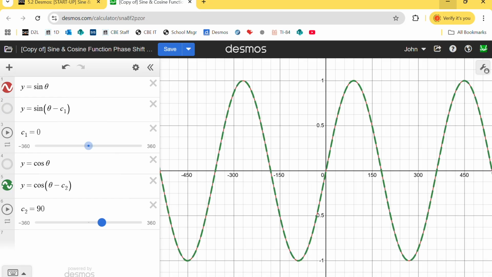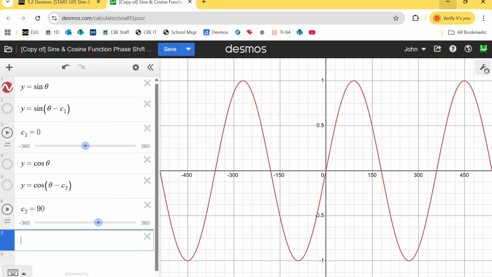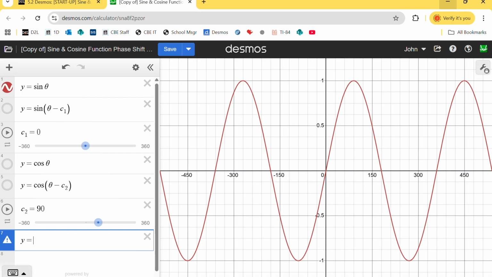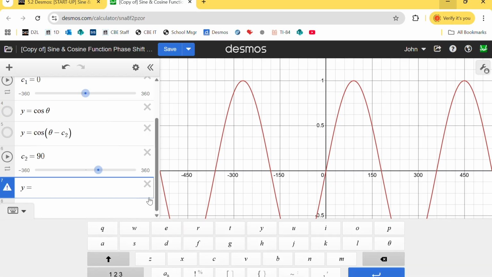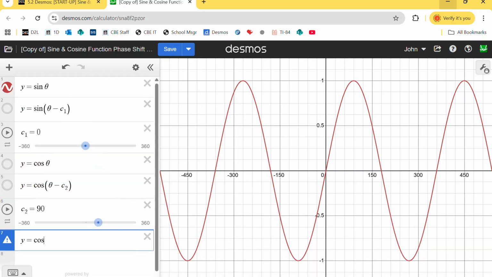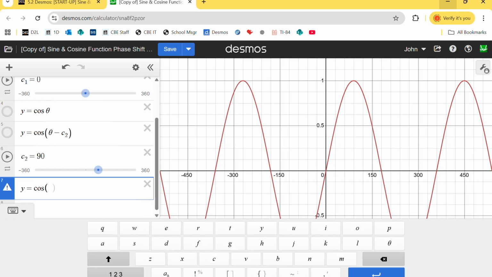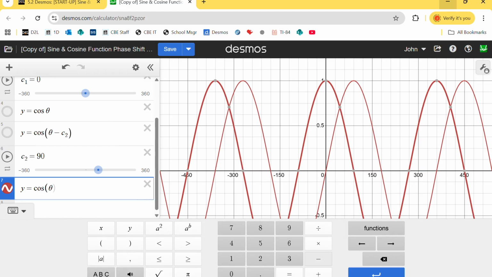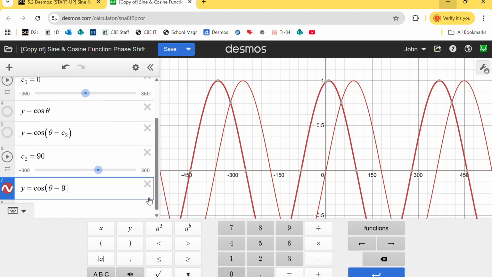Okay, so there it is. Or if we think about it this way, y equals cosine of theta minus 90.